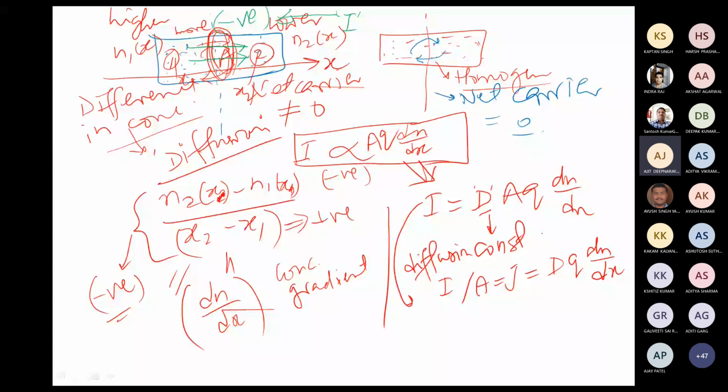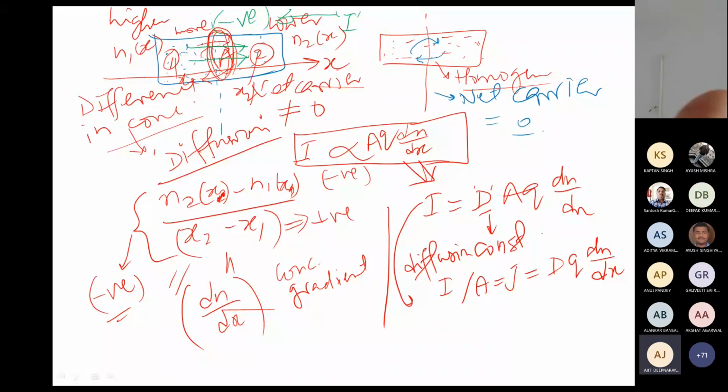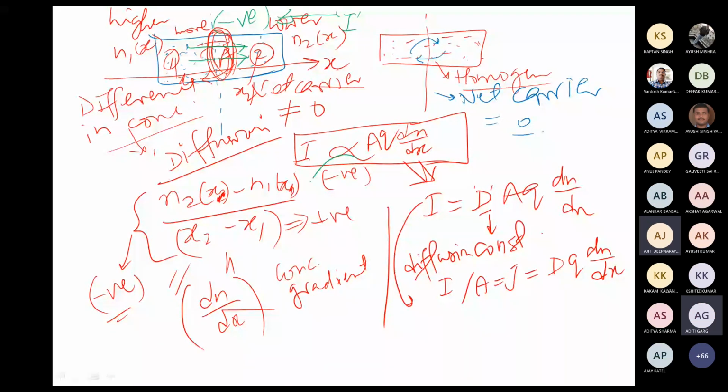we have to do some manipulation here. We can see that dn by dx was a negative quantity. And for q, if we look at the charge, then for electrons this is a negative quantity.